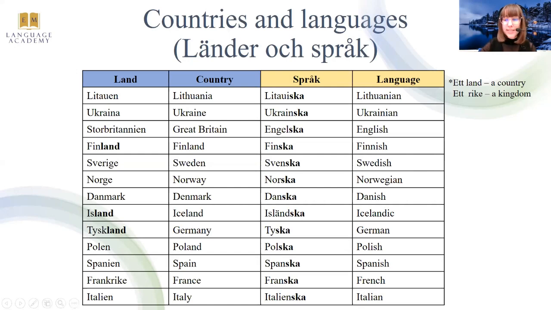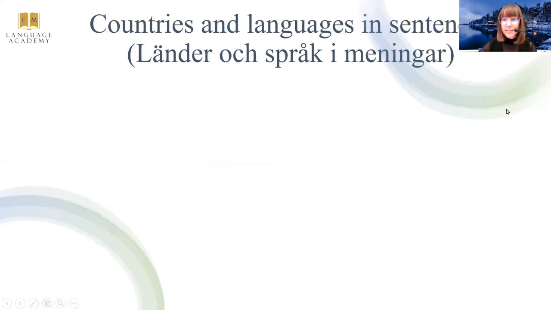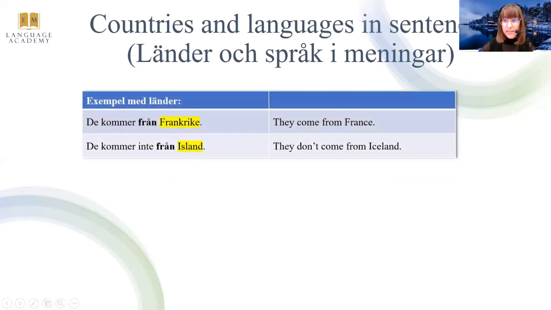Now, since things are pretty clear, let's take a look at a couple of examples of how these countries and languages are used in sentences. So first of all, exempel med länder, examples with countries. De kommer från Frankrike. They come from France, right? The name of the country. De kommer inte från Island.